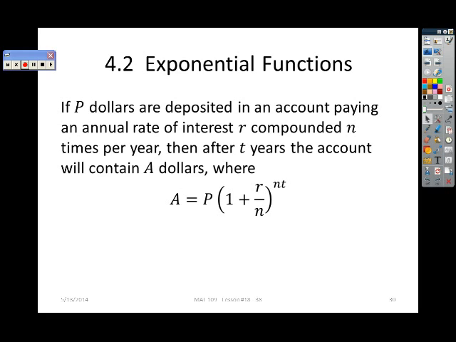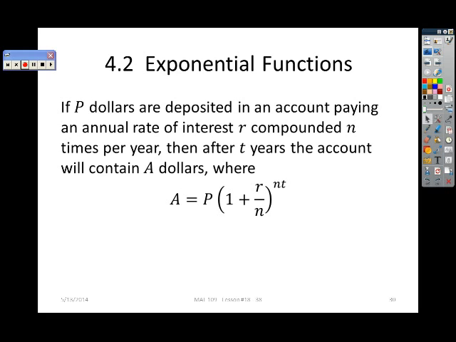So there are different variations of this formula involving future, present, interest rate, compounding periods, and time. And you can add in series of payments and so forth. They begin to be fairly complicated formulas, but they calculate those kinds of things.